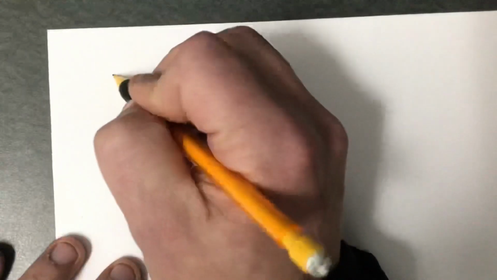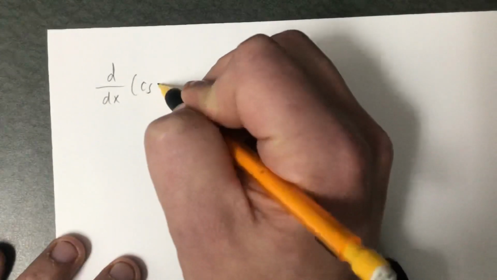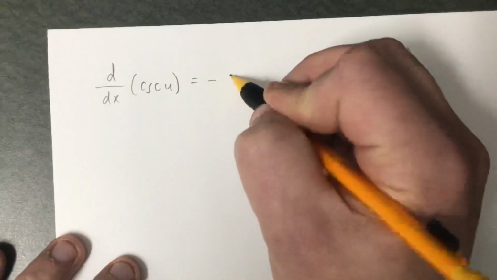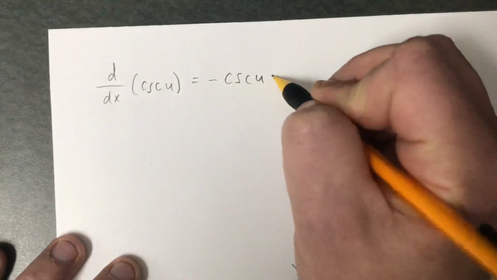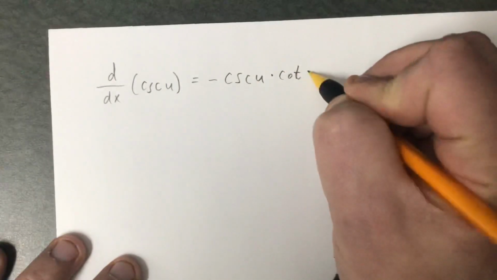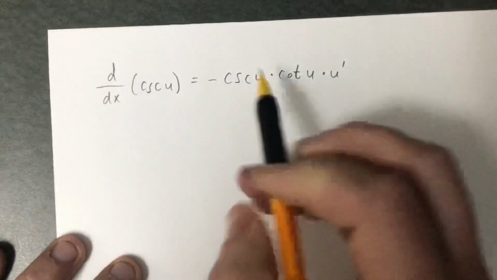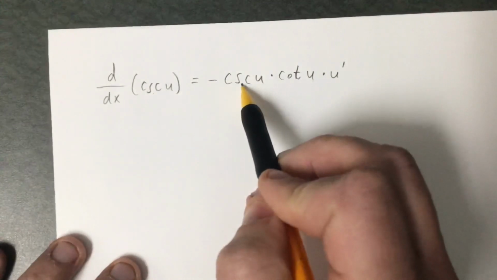All right, so let's summarize our rules here. Here's our rule. The derivative of cosecant is equal to negative cosecant u times cotangent u times u prime. And a couple different ways I try to memorize this. First of all, I know if there's a cosecant, there's a cosecant in the front.